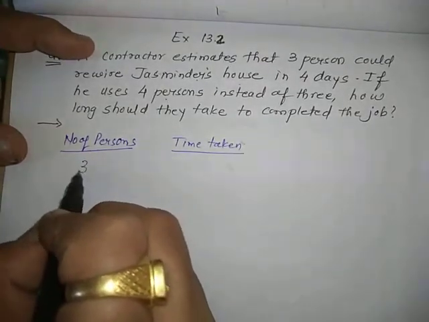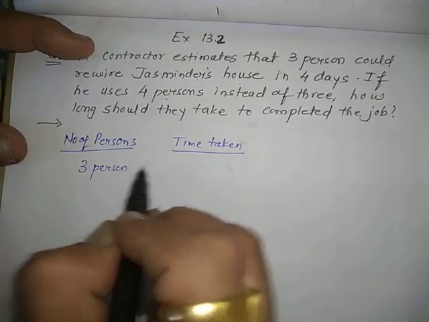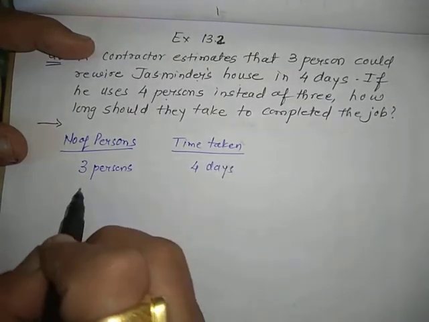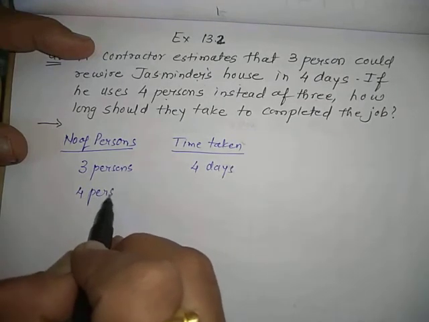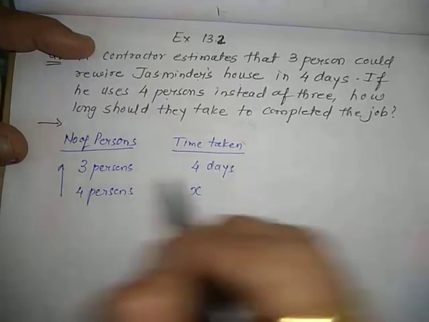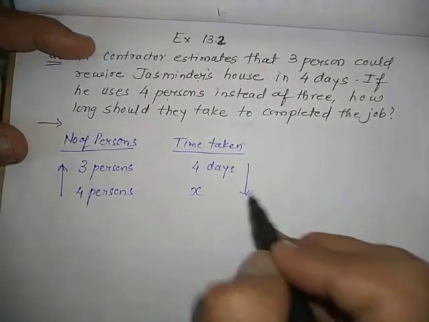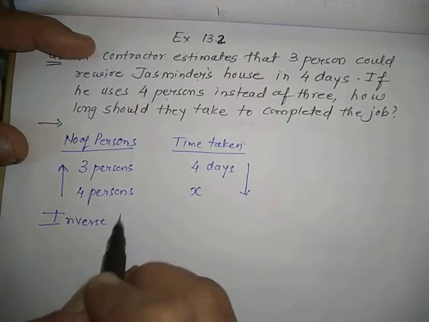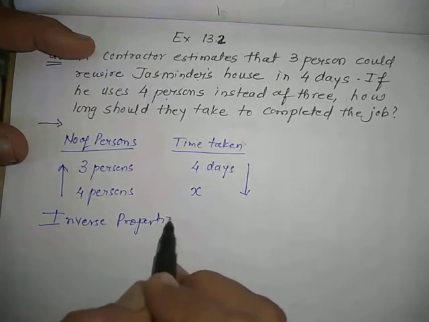So 3 persons, 4 days. So if he wants to take 4 persons, then obviously the number of persons increases, the time taken to do the job is decreasing. So it is inverse proportion. Now you are familiar with it.